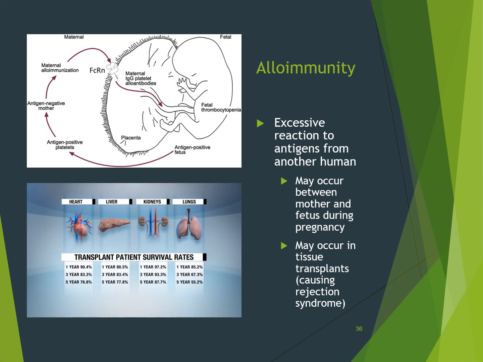So we do tissue mapping and typing to find tissues that are closely related. So hopefully there won't be as many antigens that are seen as foreign invaders on the surface of the cells.